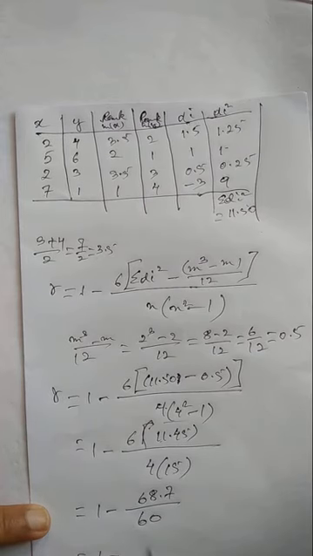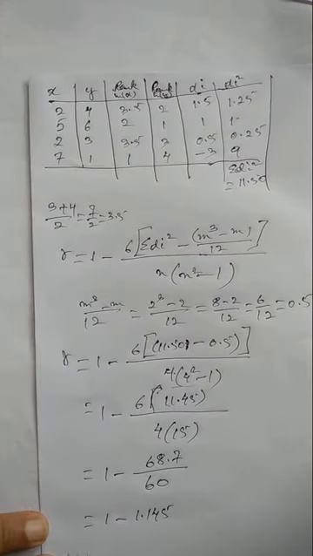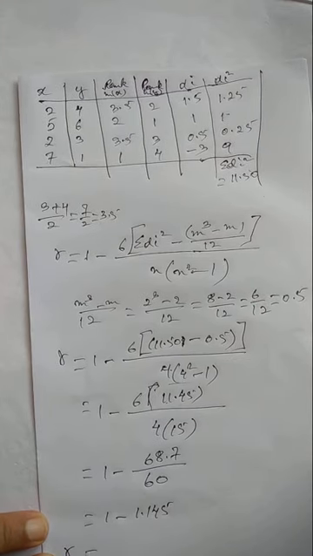So 1 minus, you can divide this directly or you can take the LCM, it's up to you, whatever you feel is easy. Therefore, the rank correlation coefficient R is equal to minus 0.3.